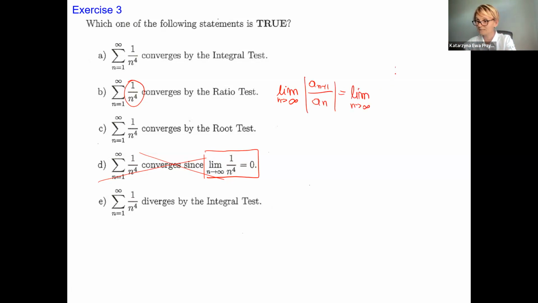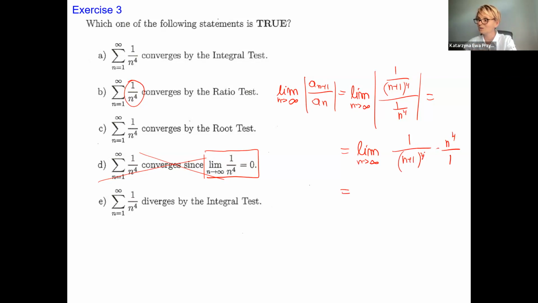A sub n plus 1 is n plus 1 to the power of 4, and this is n to the power of 4. I don't have to keep the absolute value because all of the terms are positive. So let's flip this: dividing by a fraction means multiplying by the reciprocal. N to the power of 4 over n to the power of 4, the same leading coefficient, it is 1. The ratio test is inconclusive.